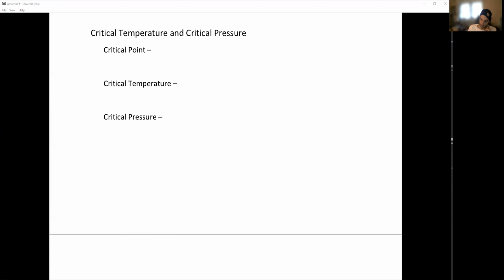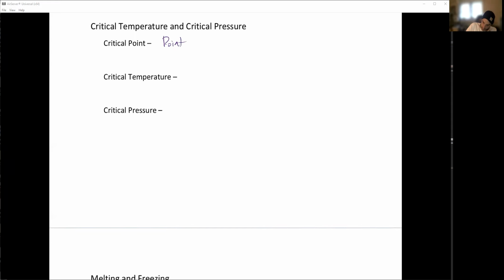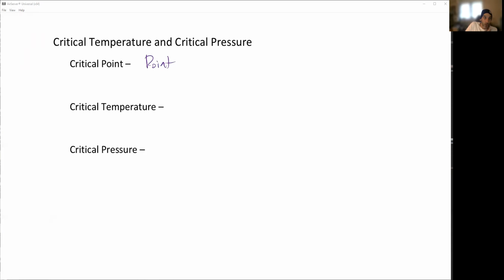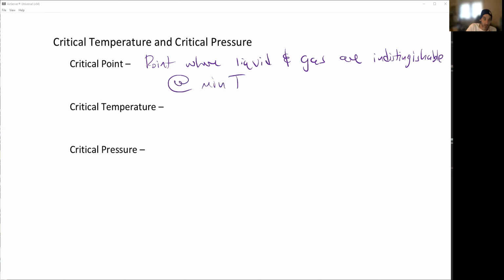All right, next up, critical temperature and critical pressure. So the critical point is the point where liquid and gas are indistinguishable from one another.